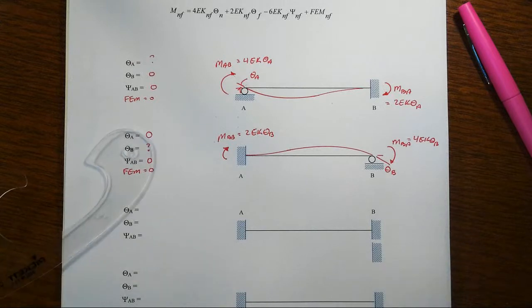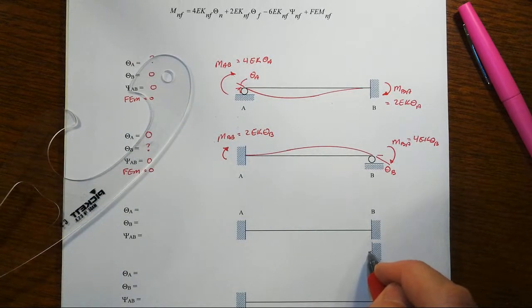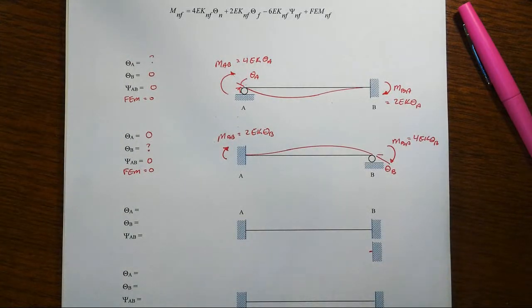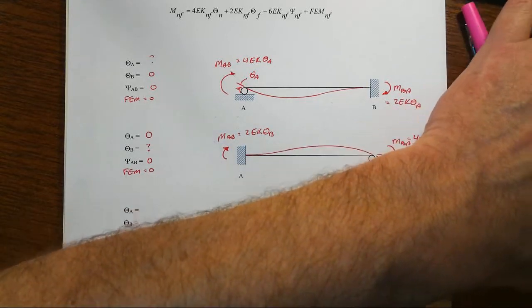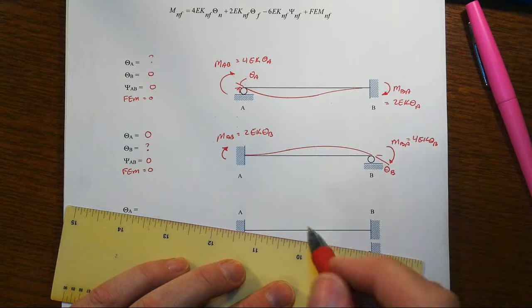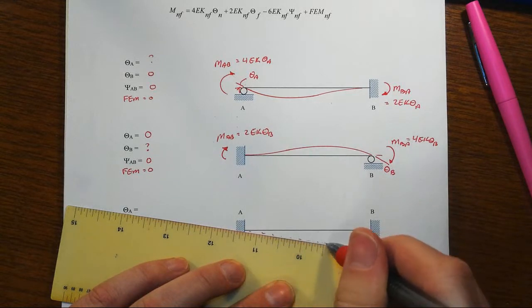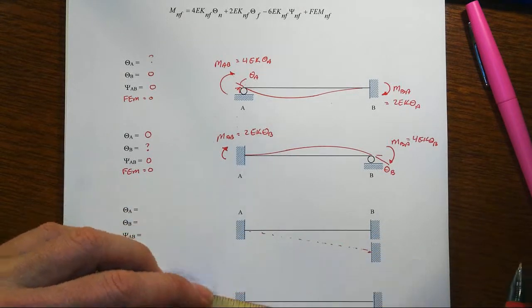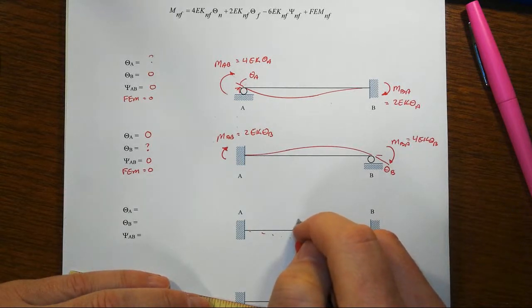We're not going to allow any rotation to happen, but we are going to allow translation. The effect is to have a chord rotation. Chord is just a straight line between 2 points.